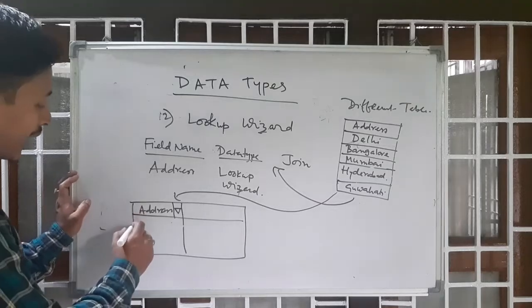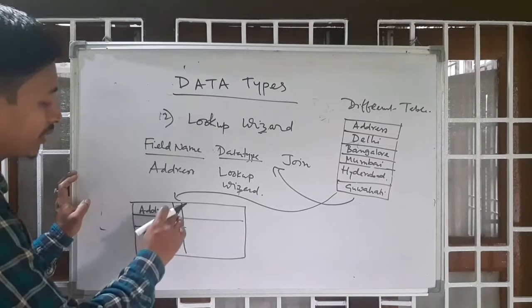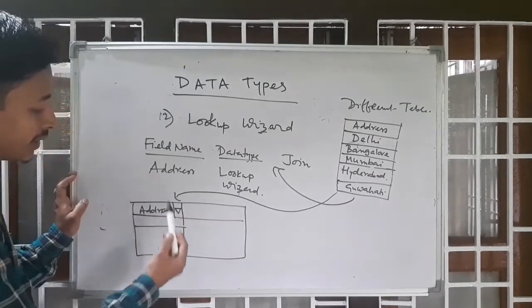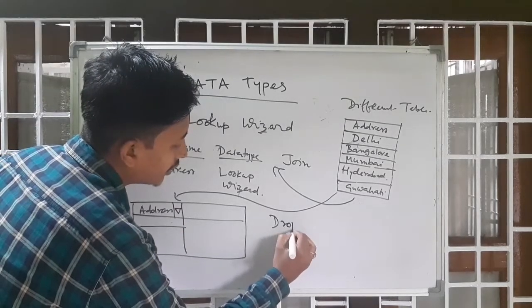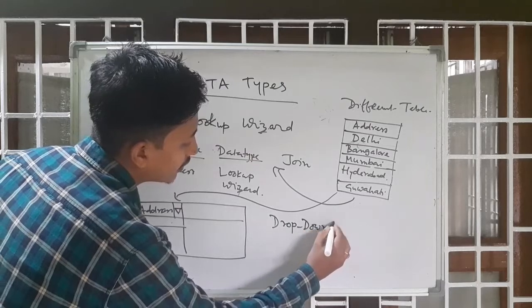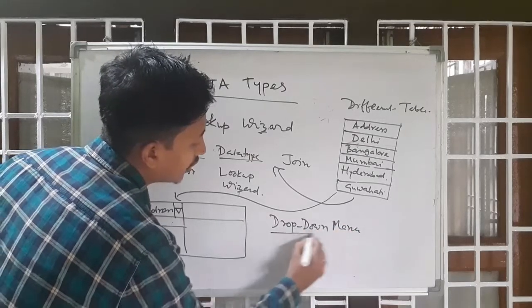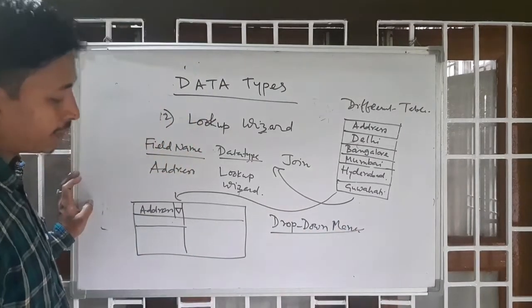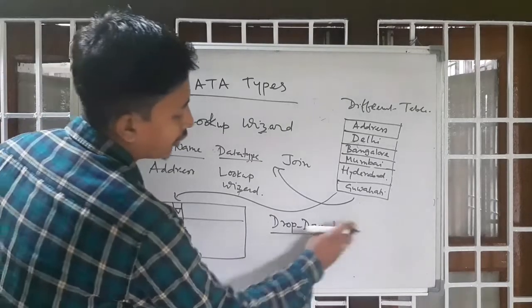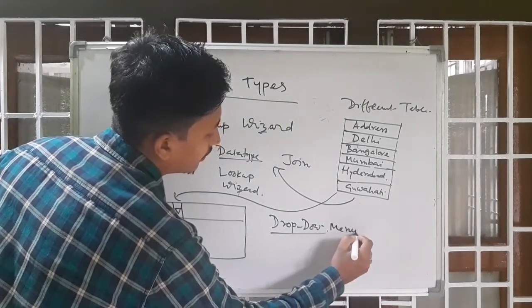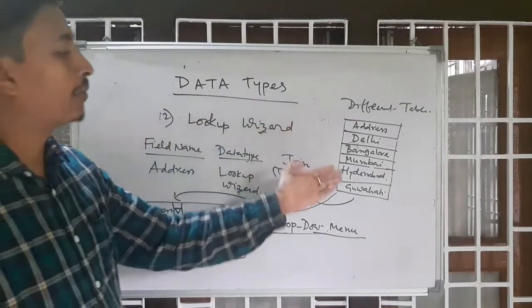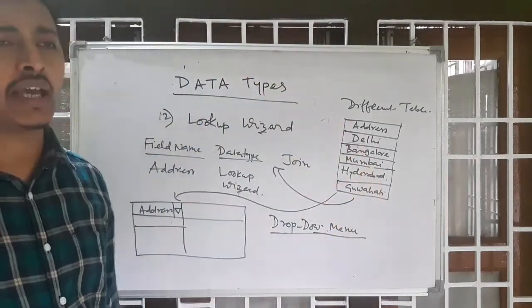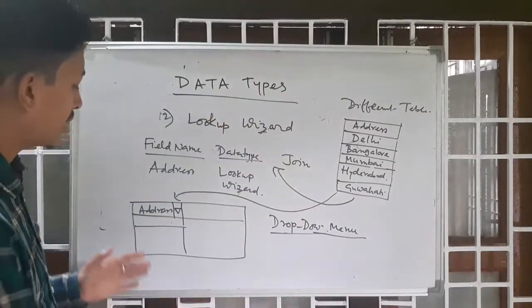And when you enter the field of address, when you click on this icon, it is a drop down menu. In the drop down menu, Delhi, Bangalore, Mumbai, Hyderabad, Guwahati or any other cities come in automatically.